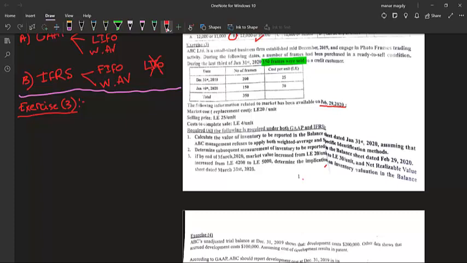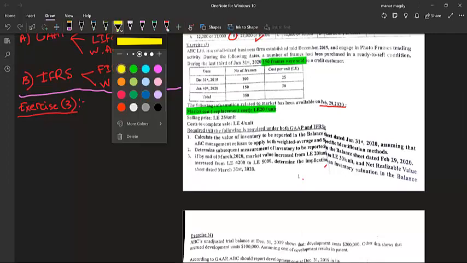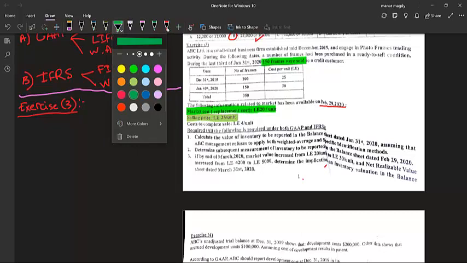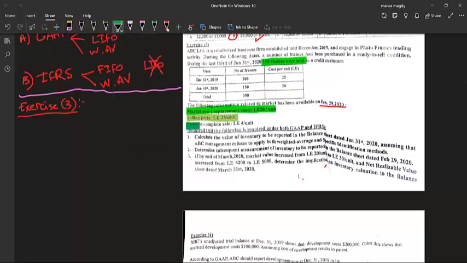The following information related to the market has been available on February 29, 2020. It had a market cost or replacement cost of 20 LE, the selling price of 25 LE per unit, and it had cost to complete sales equal to 4 LE per unit. So let's just sum it up here.